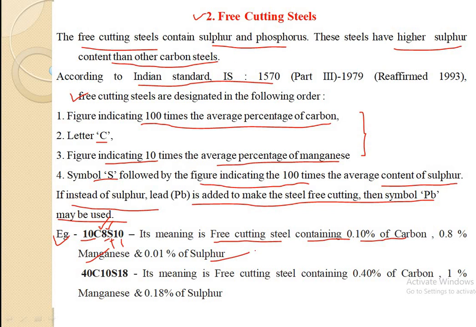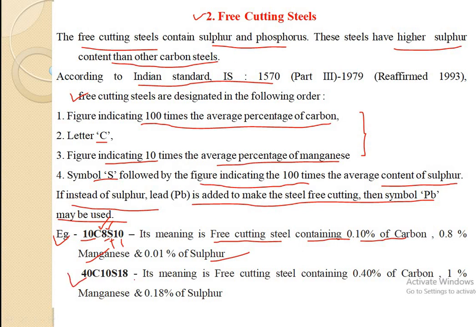So its meaning is a free cutting steel containing 0.1 percentage of carbon, 0.8 percentage of manganese, and 0.1 percentage of sulfur. So this is regarding how the free cutting steels are designated.